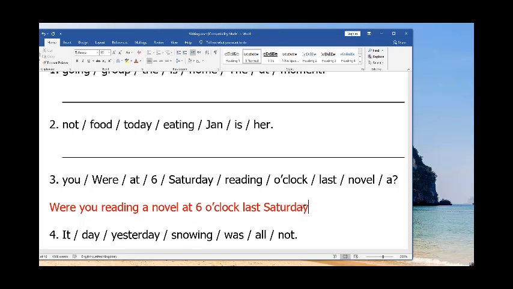You are missing the most important part of the sentence. What is it? Can anyone tell me what is it? I am missing what? Yes, I'm missing the question mark. It's a question. So how could you forget it? Okay, so here, were you reading a novel at 6 o'clock last Saturday? This is how you arrange your ideas while you are rearranging a sentence.